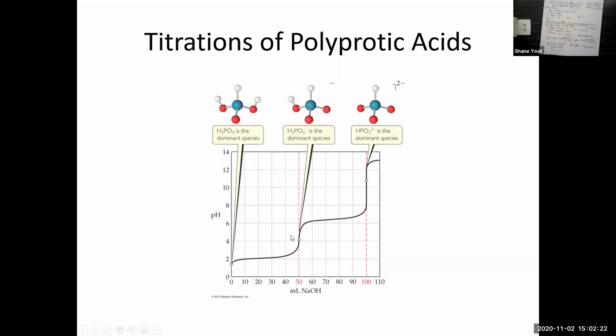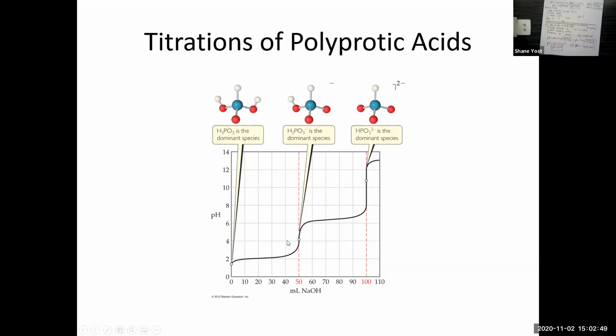But that itself has another proton that it can donate. So it, again, undergoes what looks like another weak acid, strong base titration. Okay. But now it's at a higher pH because H2PO3- is a weaker acid than H3PO3. Okay. Right. Each additional proton that you remove is a weaker and weaker acidic proton. And so that's why the pH is higher up.